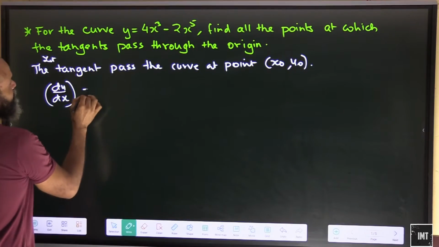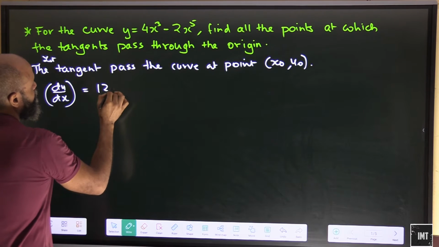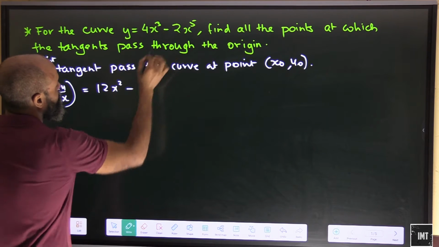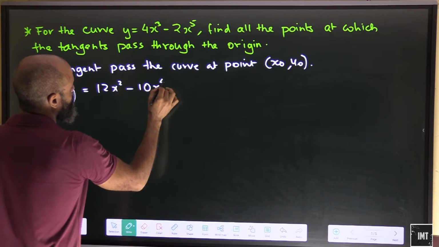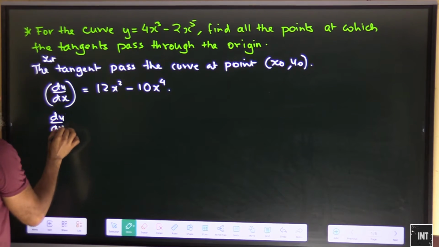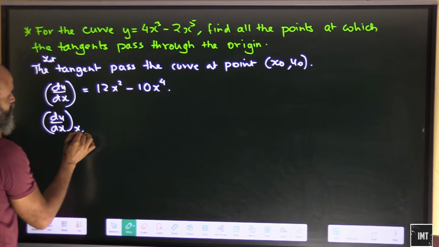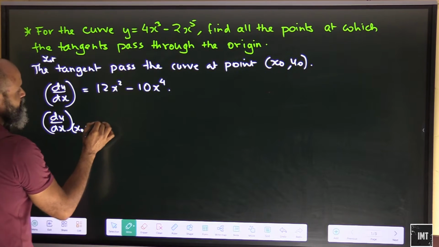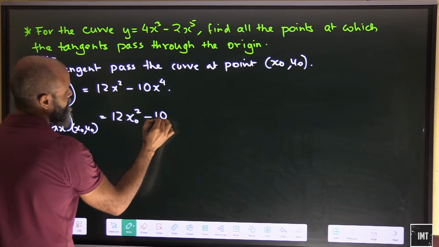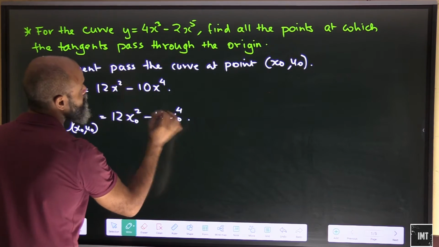We will first have to calculate dy by dx. So dy by dx will be equal to 12x square minus 10x raised to 4. So dy by dx at x naught, y naught is going to be 12x naught square minus 10x naught raised to 4.